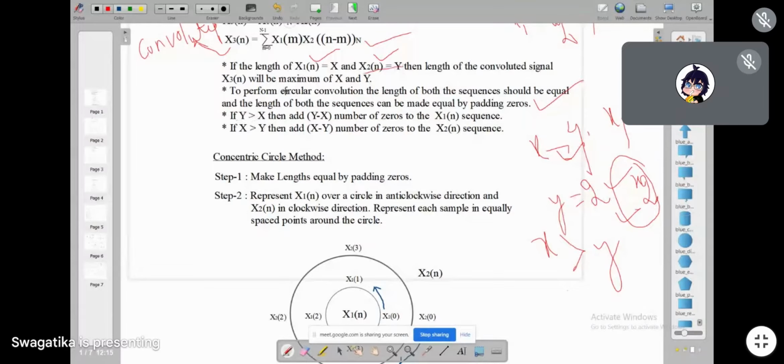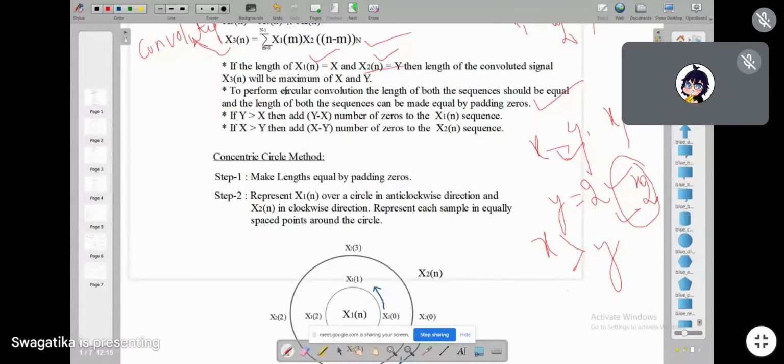If y is greater than x, add y minus x zeros to the x1 sequence. If x is greater than y, add x minus y zeros to the x2 sequence. Basic concept. Are you getting it or not?